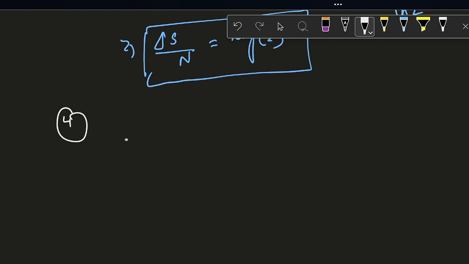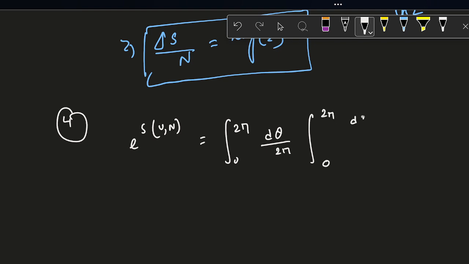So we first write down the integral expression, that e to the power S(u, n), which is given in the problem, equals the integral of d theta by 2 pi, then d phi by 2 pi, e to the power of i(theta u plus phi n), then the product over j from 1 to m of 1 plus q e to the power of minus i(theta epsilon j plus phi), raised to q.